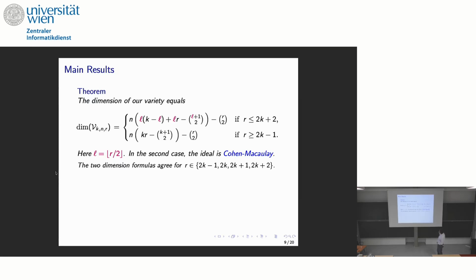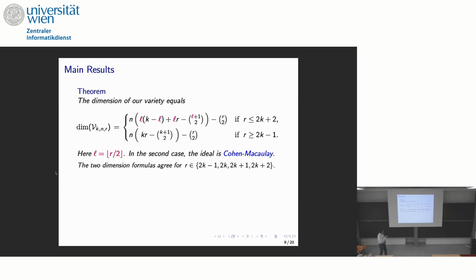So in the low rank regime, and by the low rank regime I mean r is less or equal to 2k plus 2, you get this first number. Depends on r, n, and k. That's a positive integer. If r is greater or equal to 2k minus 1, you get the previous number, the one we saw 2 slides ago.